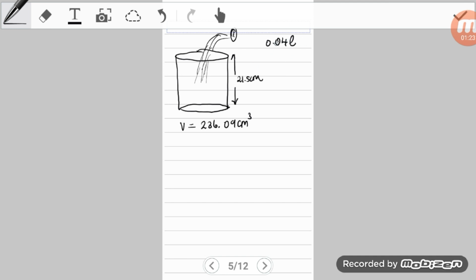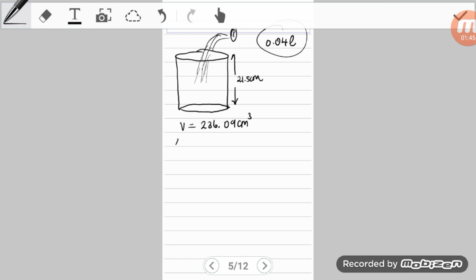The water that is being poured is in a different unit, so we are going to need to do a conversion. Since the dimensions of our prism are in centimeter and the volume is in centimeter cube, it would be logical that we have to convert that 0.04 liters to centimeter cube.